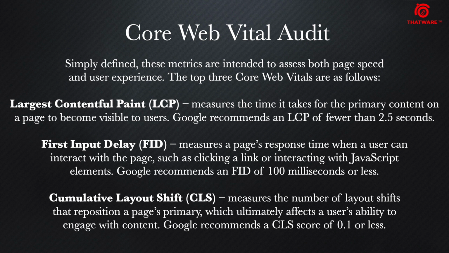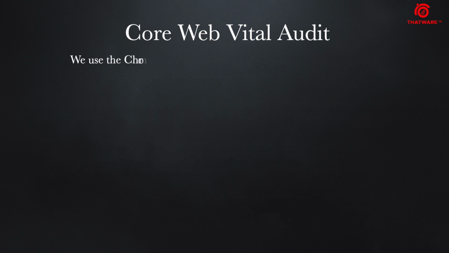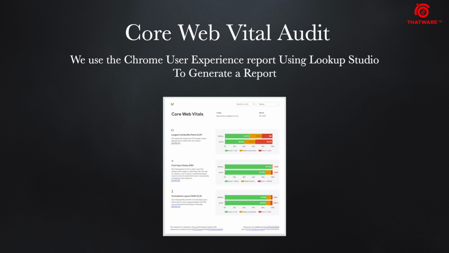Even though it is not a highly supported ranking factor, it still has a big impact on user experience, and a good Core Web Vitals score can signify that your user experience is not hampered, and if a user lands on your website, they can have a good experience with your content.